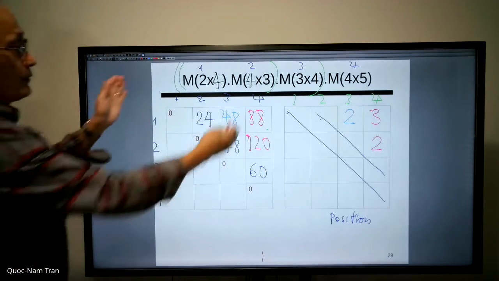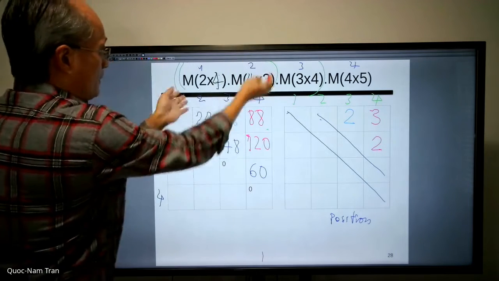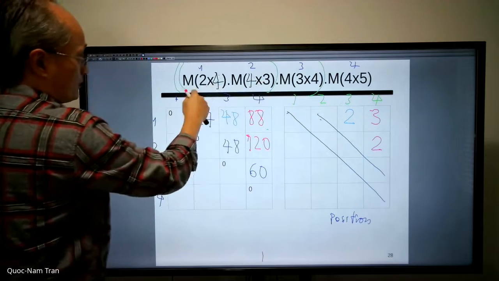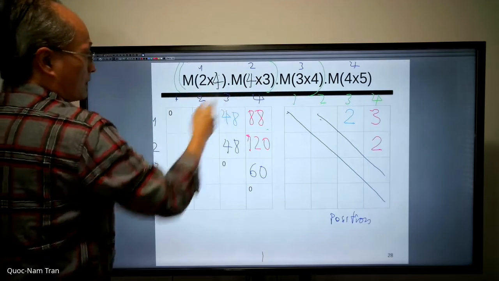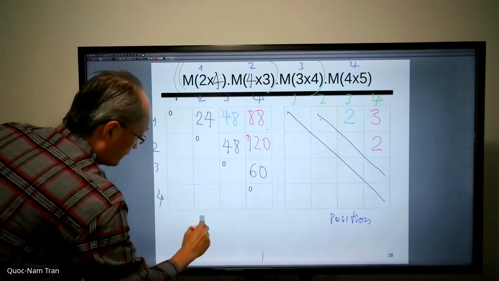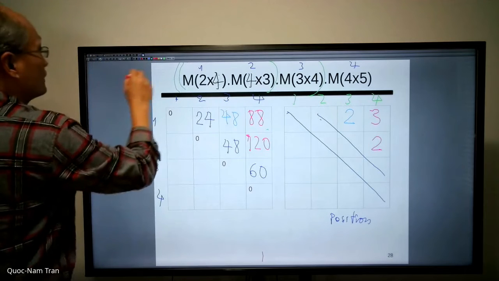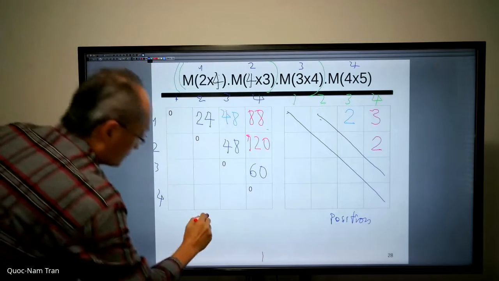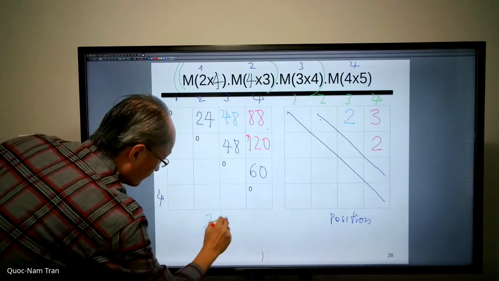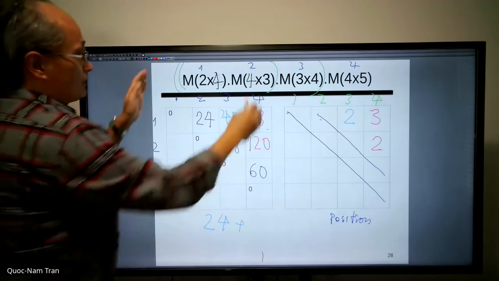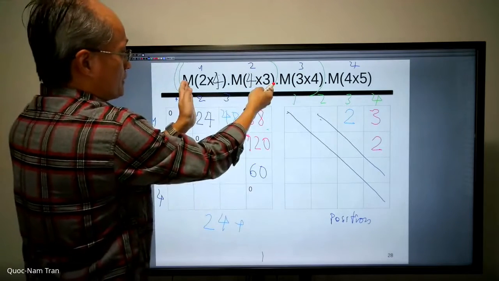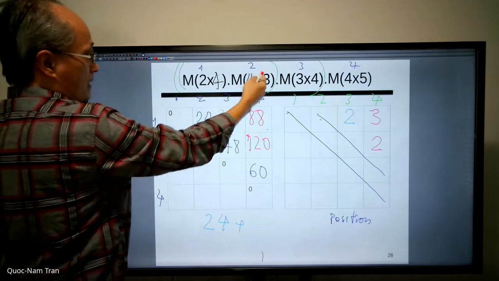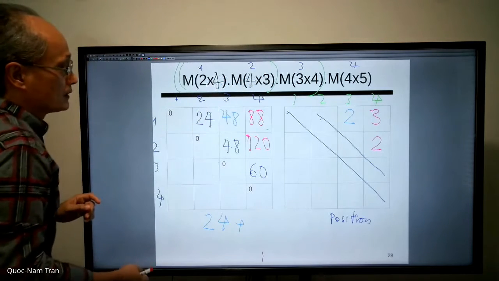Okay, so if we follow this, the cost is 2 times 4 times 3, right? 24. Okay, so after we multiply these two matrices, the cost will be 2 times 4 times 3, 24.